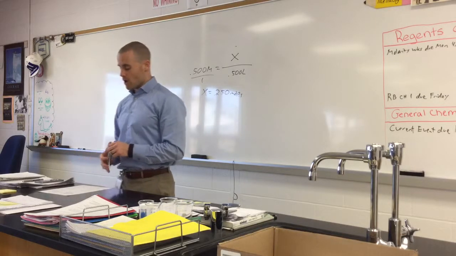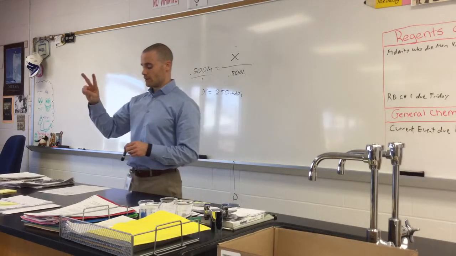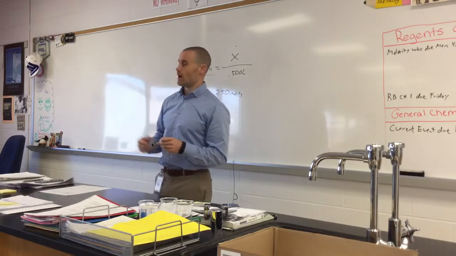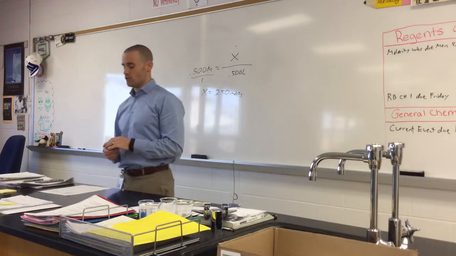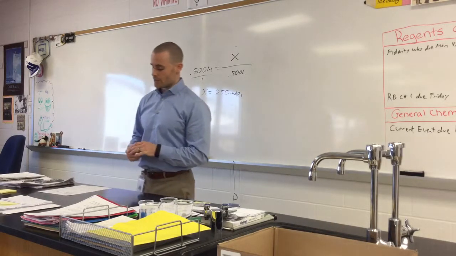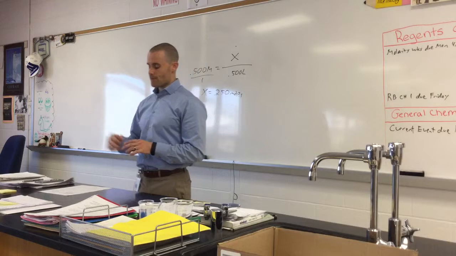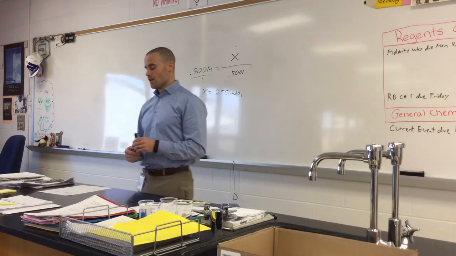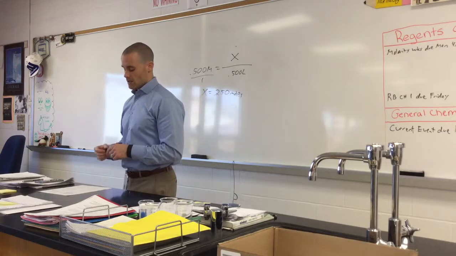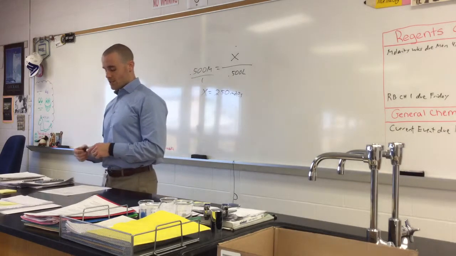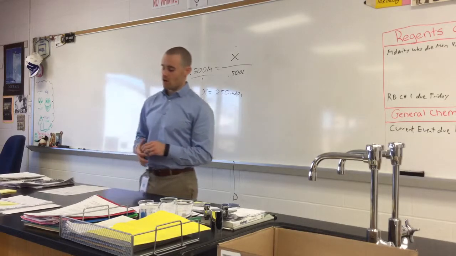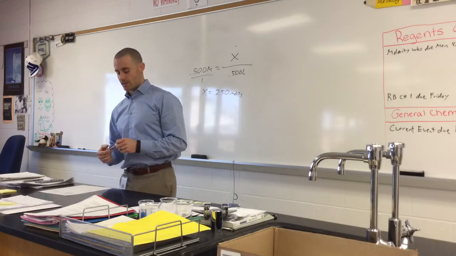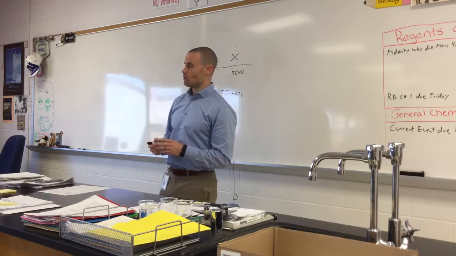B is 0.025 moles, 2 sig figs. I'm sorry, there should be 3 sig figs, so 0.0250. Technically it should be 0.0250 moles for B. Letter C, 3 sig figs again, 6.00 moles. It's just 2 times 3. Letter D, 3 sig figs again, 0.040 moles, 0.040 moles for D. Letter E, 3 sig figs again, 0.157 moles.